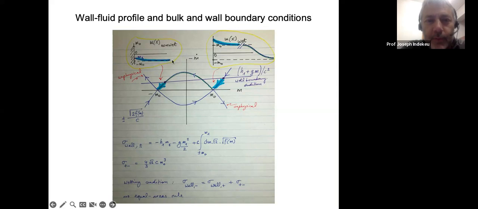value towards minus M0. So this is a non-wet profile, in contrast with one that is wet, which we can obtain using also the intersection of the constant of the motion trajectories with the wall boundary condition, with this straight line here.